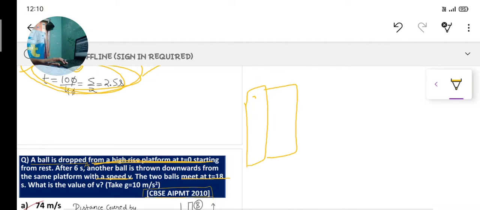Let the first ball be a and the second ball be b. So the first ball is going down with velocity minus g.